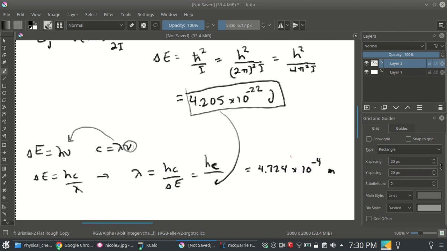Now, that is exactly double what the answer is supposed to be, which is 2.36 times 10 to the minus 4. But I don't see any place where you could get that factor of 2. I tried to look in the literature to see what is the real wavelength for the first microwave energy transition on HCl.